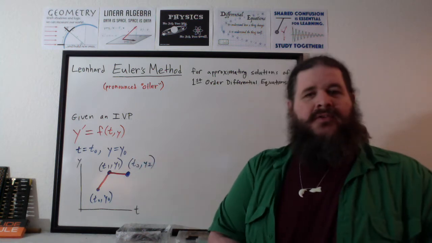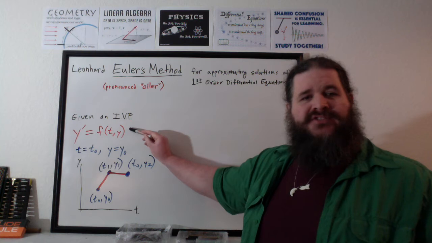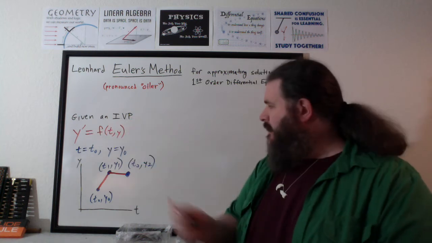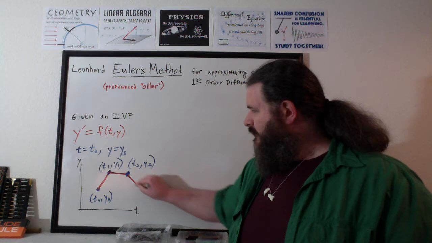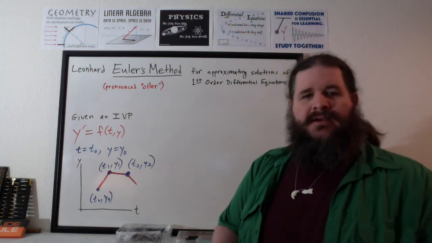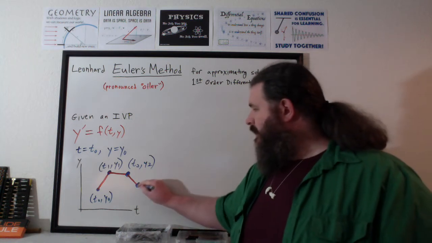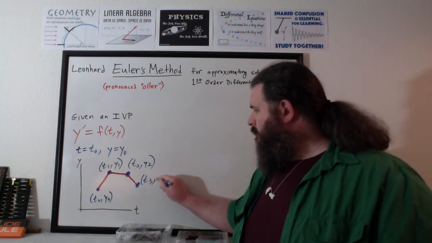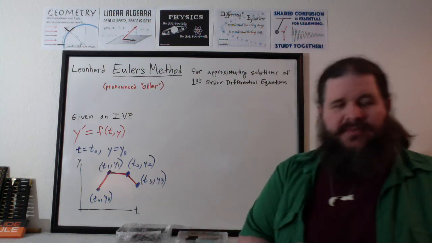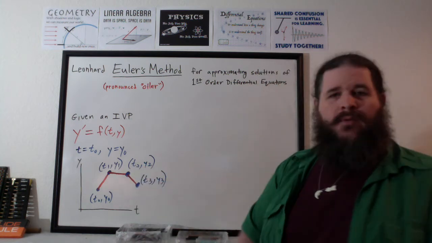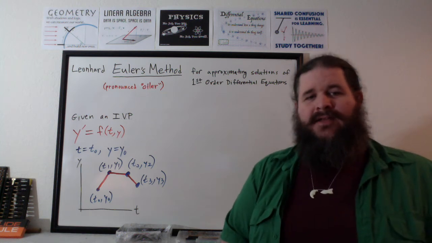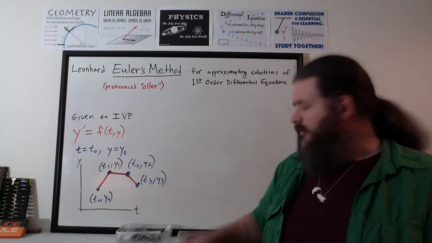Once again, we can substitute those values into the original differential equation, recalculate the slope again, and we have another linear approximation we can follow for some distance. Then we get another data point, t3, y3, and we just continue with this connect the dots approximation until we get to the t value we want, and then we'll find the y value that's associated with it, or at least a close approximation.